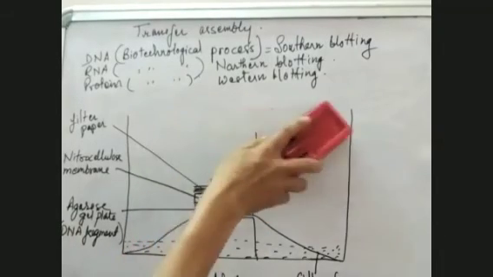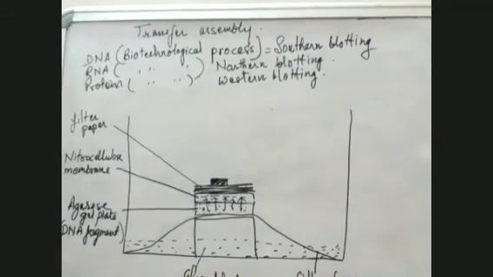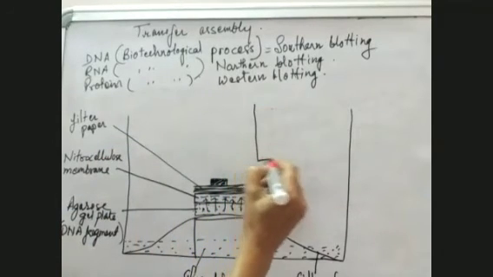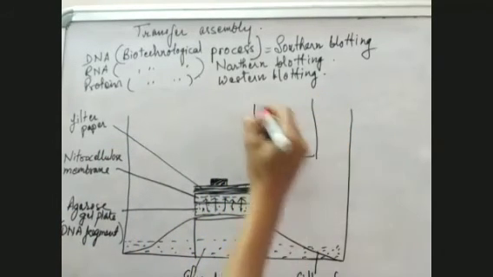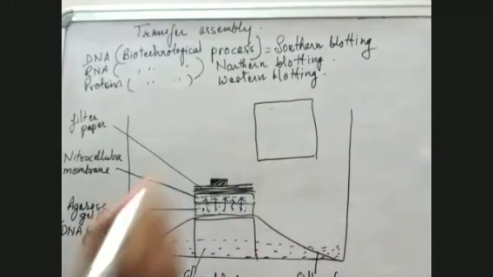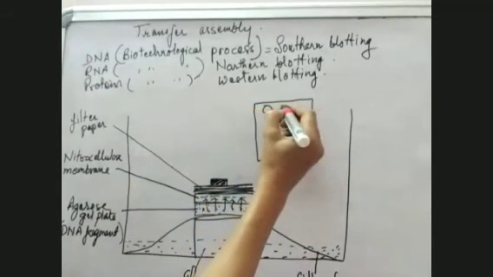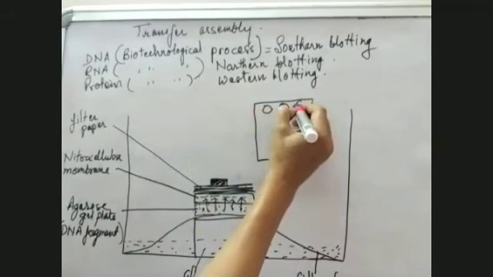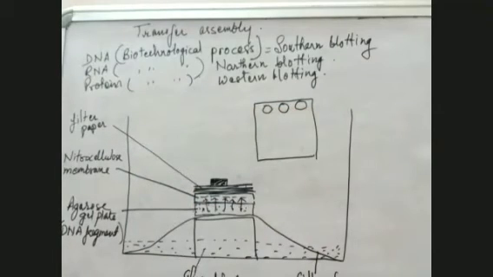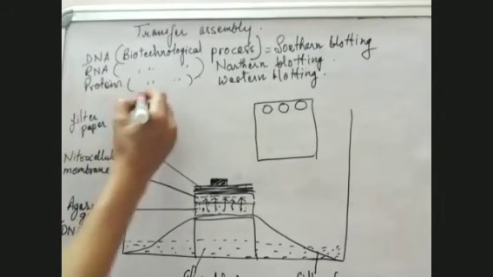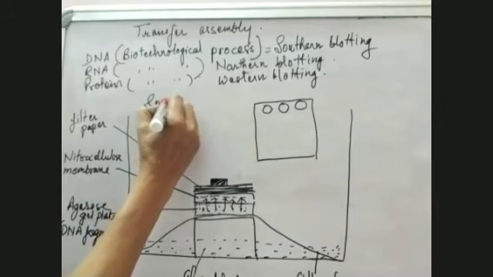We have an agarose gel plate. This is the plate which we make. Here there are some pit-like structures which are known as wells. In these wells, we put our DNA which we receive after spooling. I told you the process of spooling.